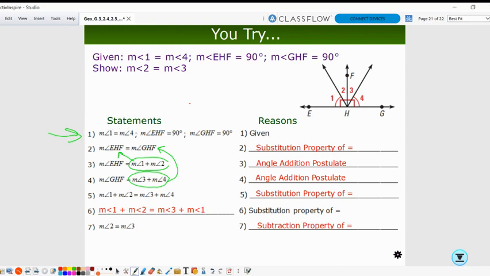Angle 1 and angle 4 are equal to each other. So again, I'm using the substitution property to switch angle 4 with angle 1. Now, if you notice, we have the measure of angle 1 on both sides of our equation. So we're subtracting the measure of angle 1 from both sides of our equation. So that's using our subtraction property. And we're left with angle 2 equals angle 3 in measure.